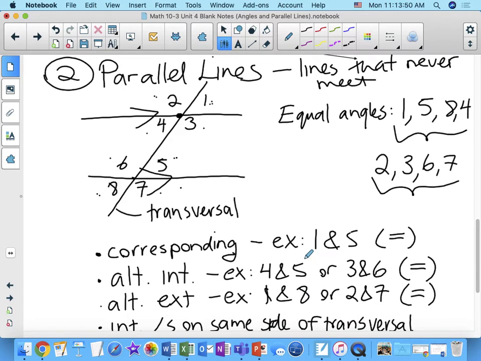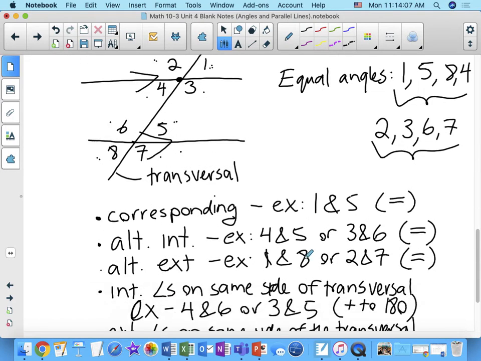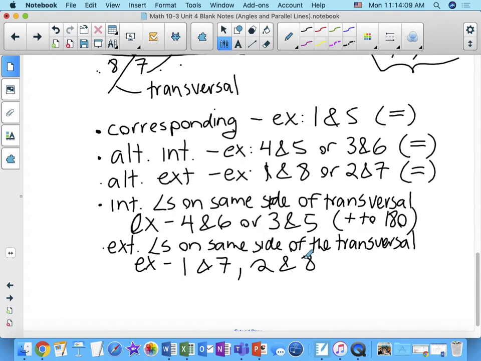So 1 and 7, do those ones look equal? No, they don't, okay? This one is acute, that one's obtuse. So if you can really get this idea when you're comparing of acute versus obtuse, that can really help determine if they're equal or not. If they're not equal, then they add to 180. Okay?